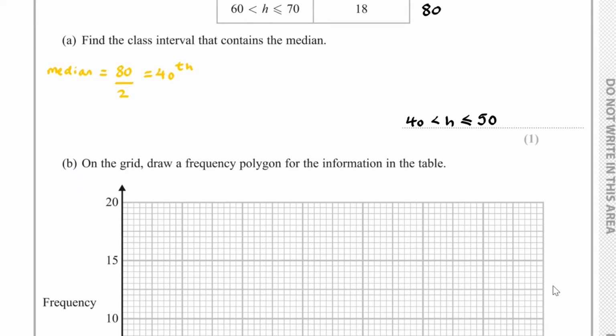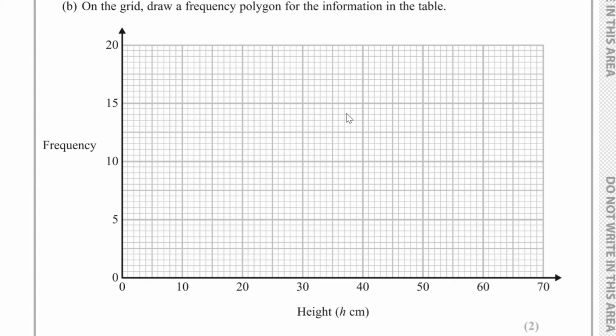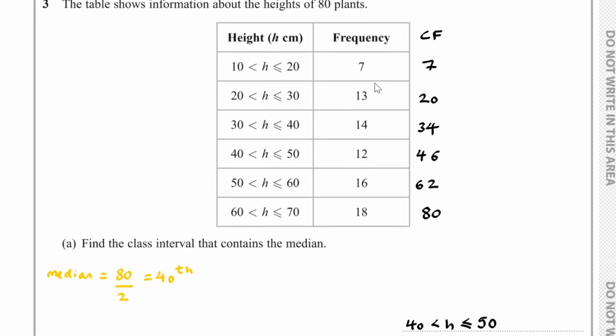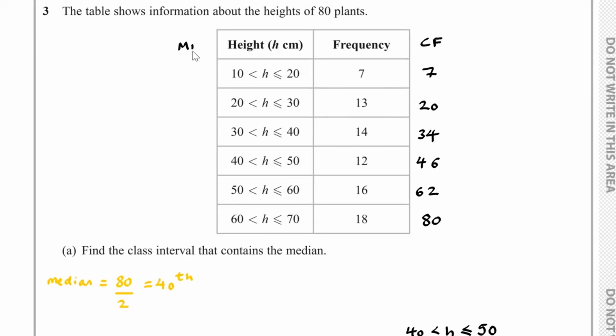And now for part B of the question, on the grid, we have to draw a frequency polygon for this information. Before we do that, we need to first of all find the midpoints. The midpoint here is 15, here the midpoint is 25, here we have 35, here we have 45, here we have 55, here we have 65.